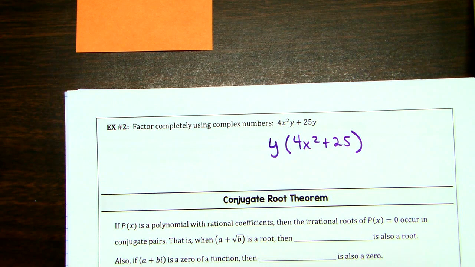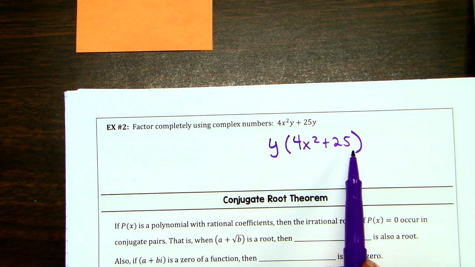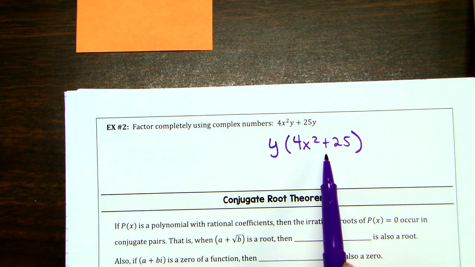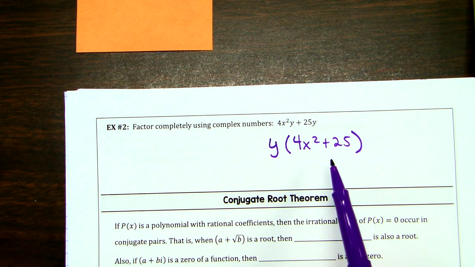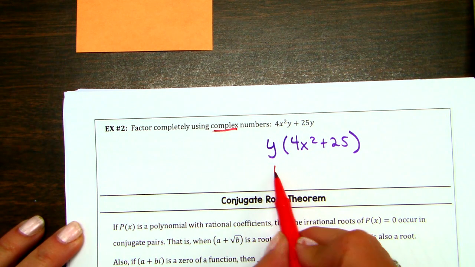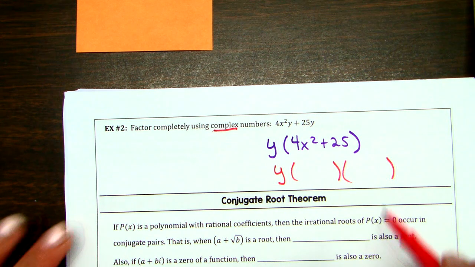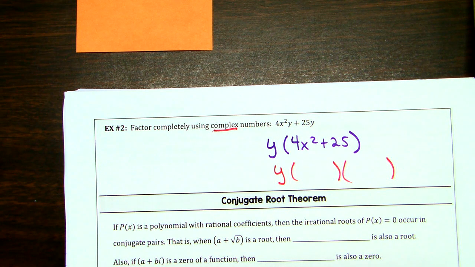And if this were on your last quiz, that Algebra 2 review quiz, you would be done. You'd say, oh, it's the sum of 2 squares, I can't factor it. If it were the difference, I'd have 2x plus 5, 2x minus 5. But now that we're allowed to have complex numbers, we will be able to factor this. And you could do those steps that I just did with you, where you go off to the side, set it equal to 0, then move it back, or learn the easy trick.